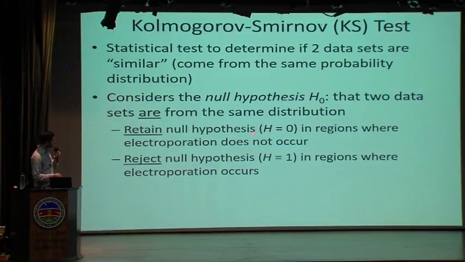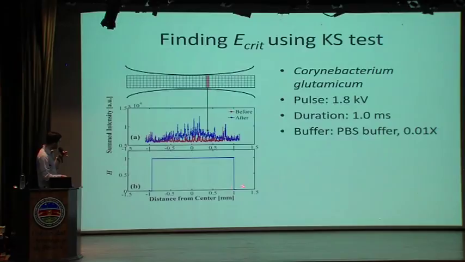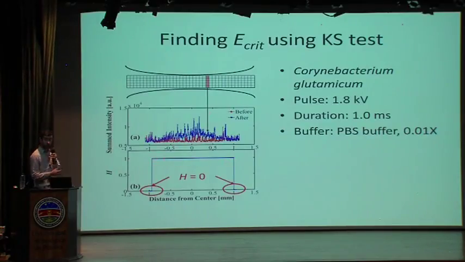If the test returns a value of 0, then the test thinks that the two data sets are similar. So we should see a value of 0 right here, where the two data sets are similar to each other. When we see a value of 1, that indicates that the data sets are different.